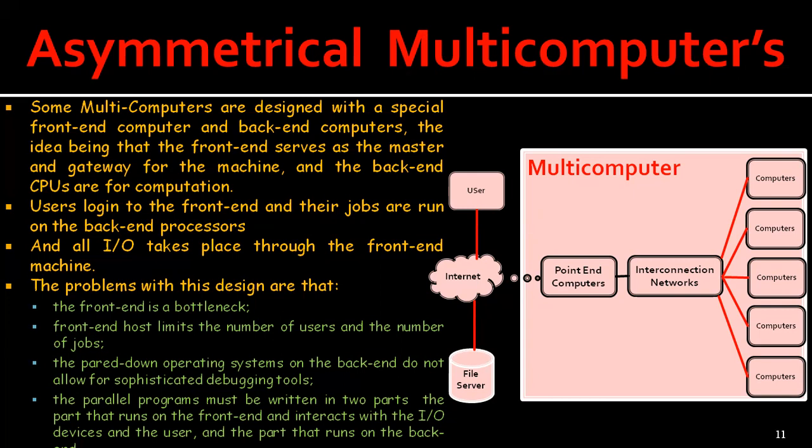The pared-down operating systems on the back end do not allow for sophisticated debugging tools. Parallel programs must be written in two parts: the part that runs on the front end and interacts with the IO devices and the user, and the part that runs on the back end.